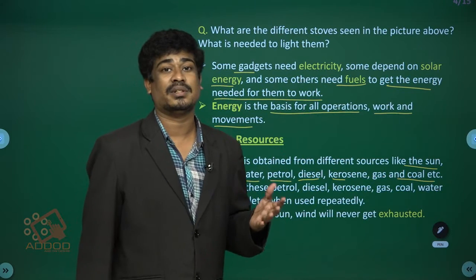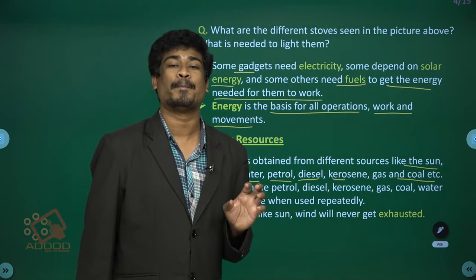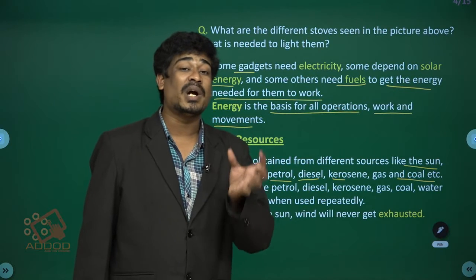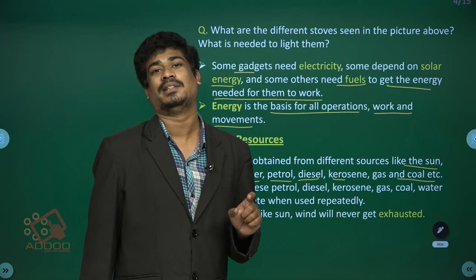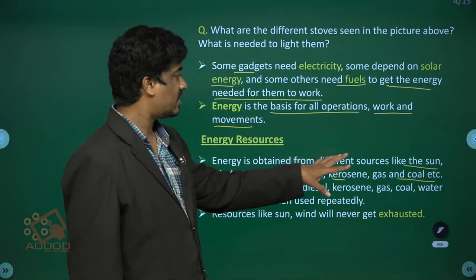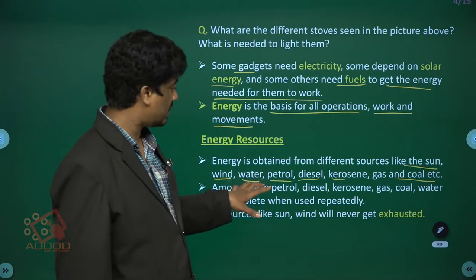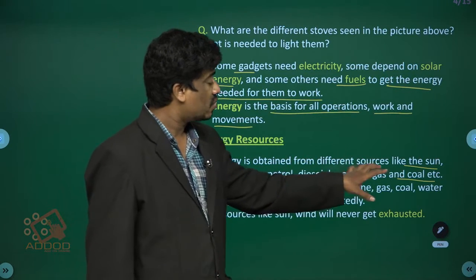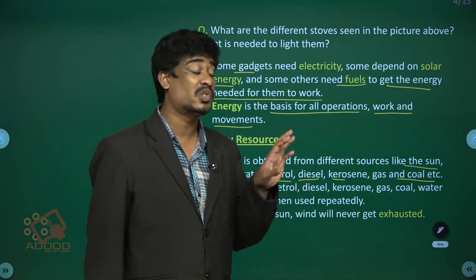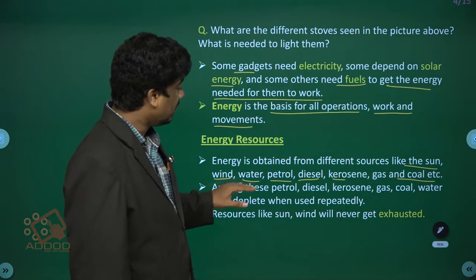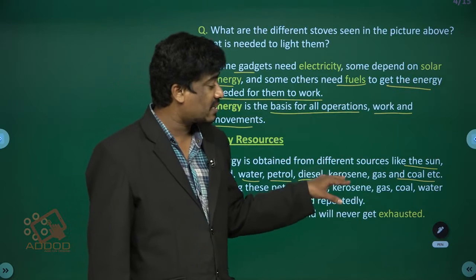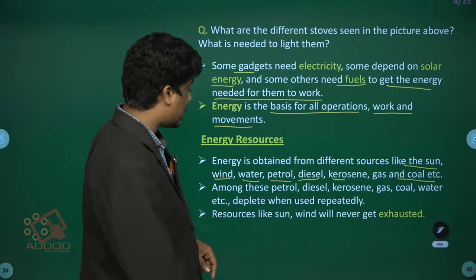Chilies kept in the presence of sunlight, which is required, isn't it? So like that, sun, wind, water, petrol, diesel, kerosene. So these are the sources.